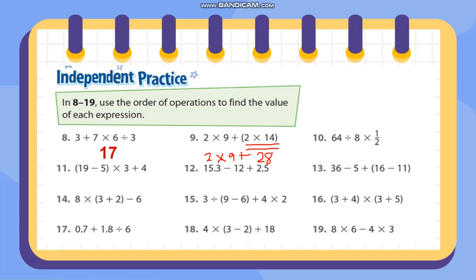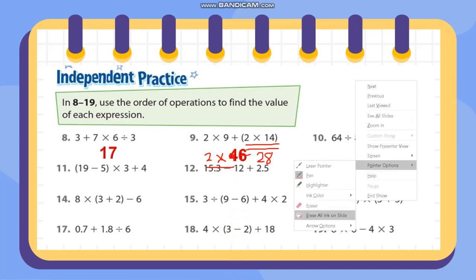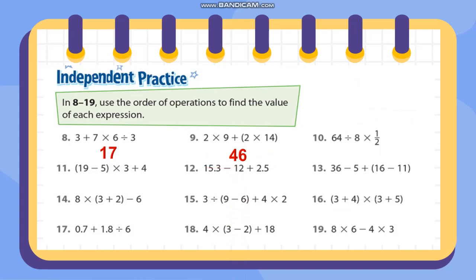Based on the order of operation following the PEMDAS rule, which comes first, multiplication or addition? Of course, we need to multiply first, following the PEMDAS rule. So 9 multiplied by 2, that is equivalent to 18, and 18 plus 28, that is equivalent to 46. So that is the answer in question number 9.